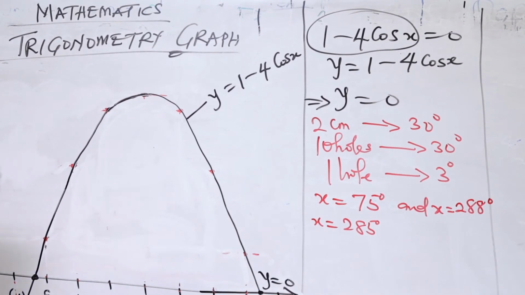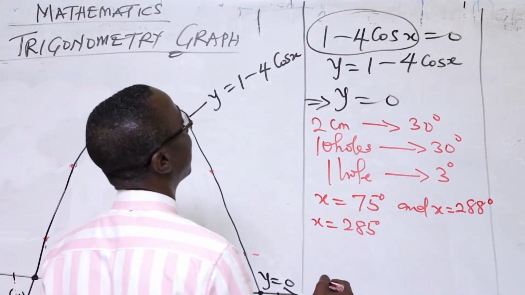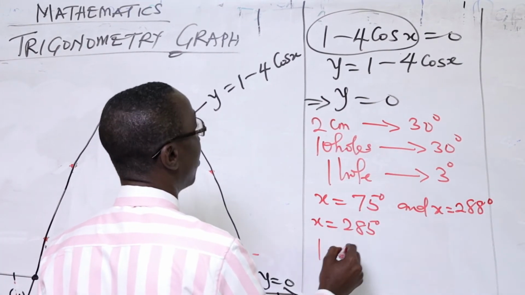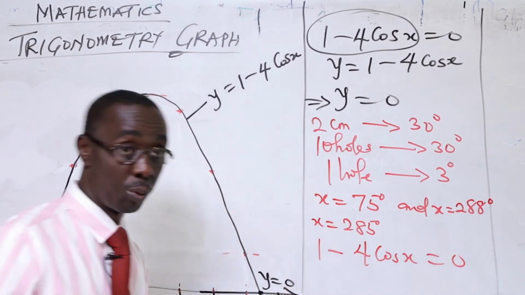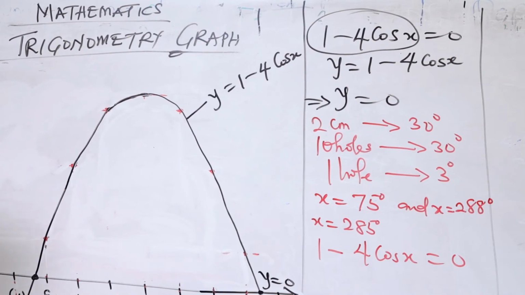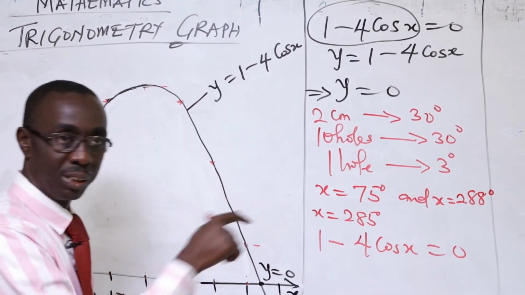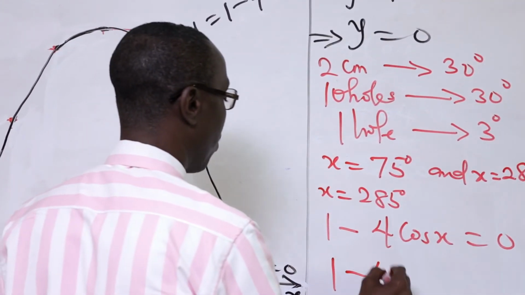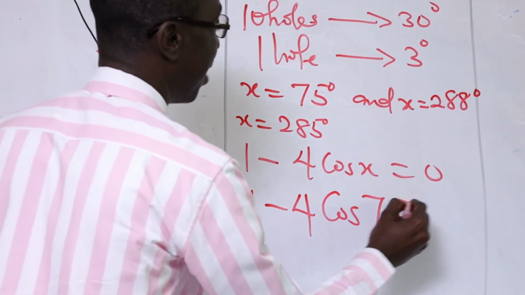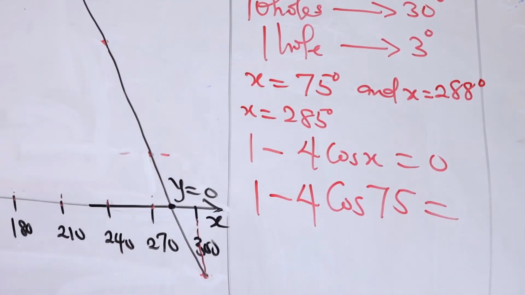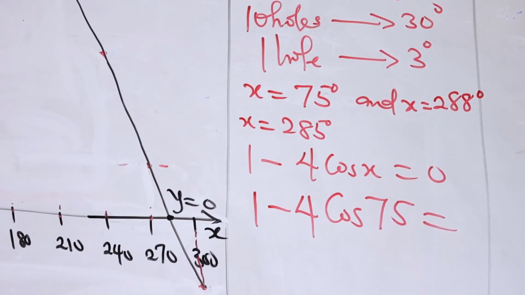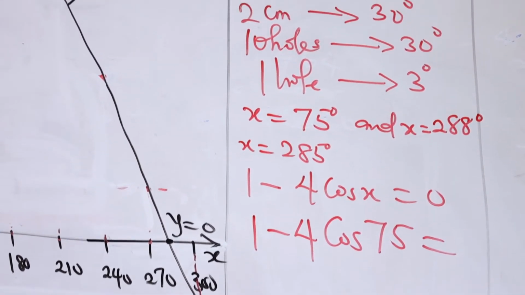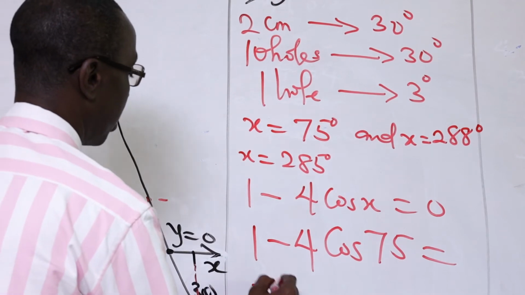So, if what we are dealing with says that 1 minus 4 cos x is equal to 0, is that not what we are dealing with? Yes. What is your x, the first value? Substitute. 1 minus 4 cos 75. If this is not equal to 0, something is wrong with that 75. Minus 0.04.